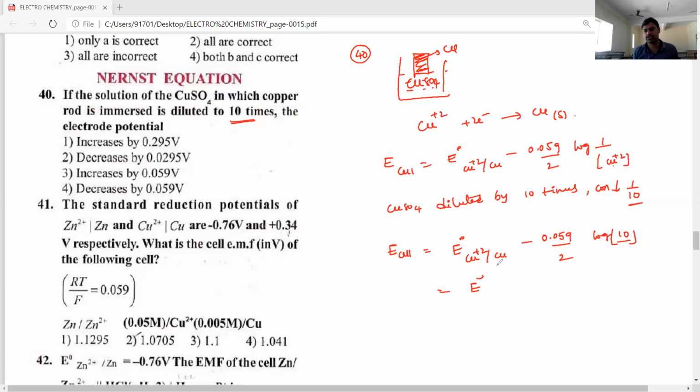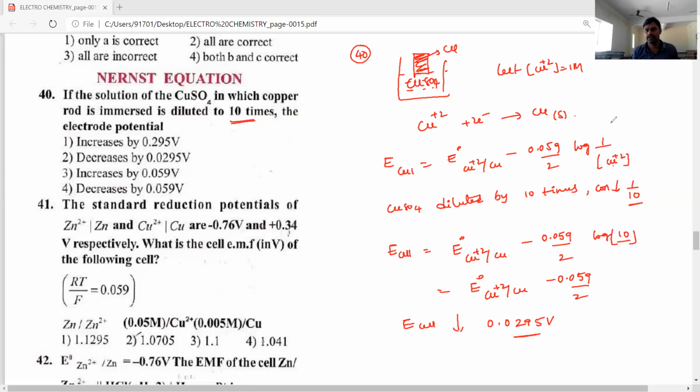Then the E cell is equal to minus 0.059 by 2, which means its E cell is decreased by 0.0295 volts. For example, let concentration of copper plus 2 be equal to 1 molar, then it becomes 1 by 10.